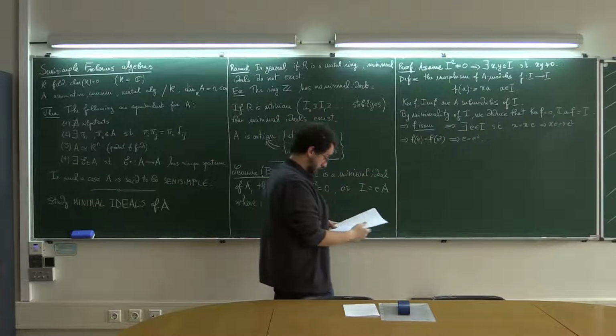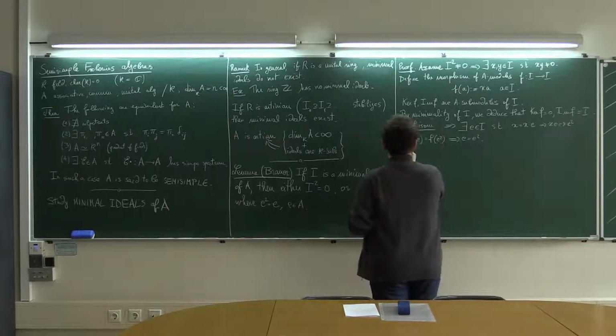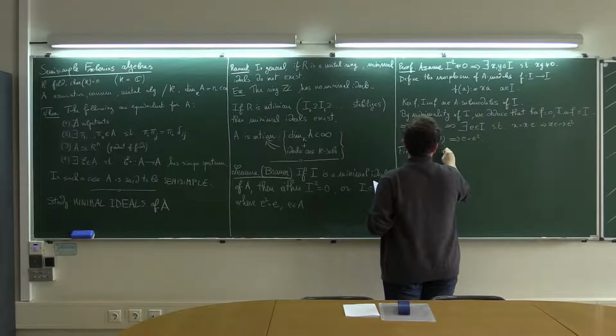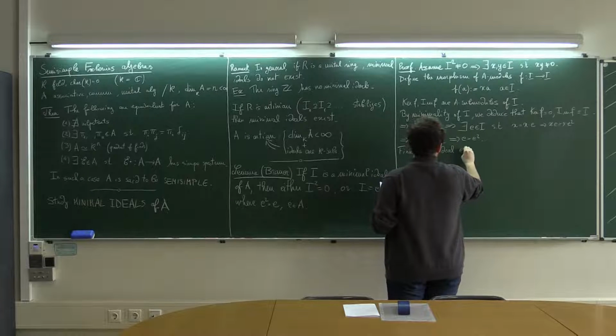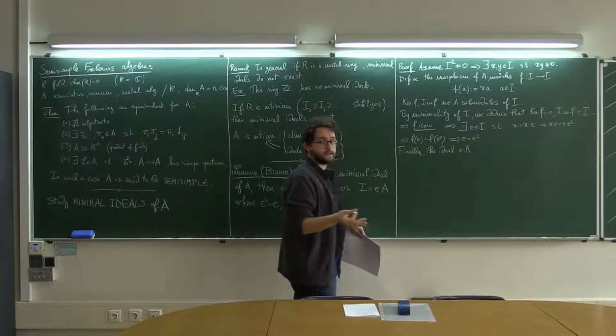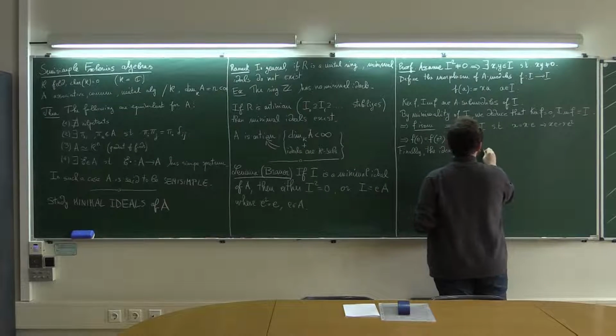How does the ideal arise? Finally, notice that the ideal e times A, so the ideal in A generated by e, is a non-zero ideal.